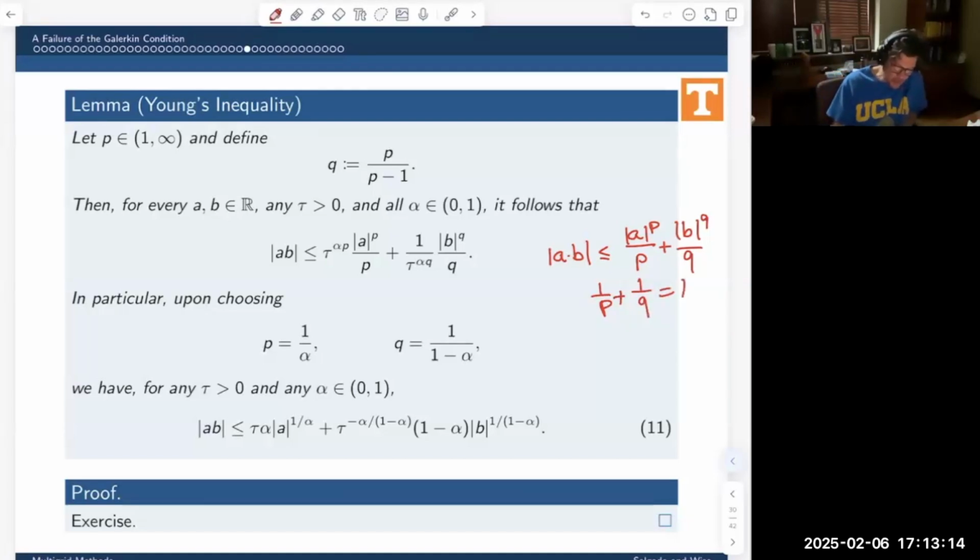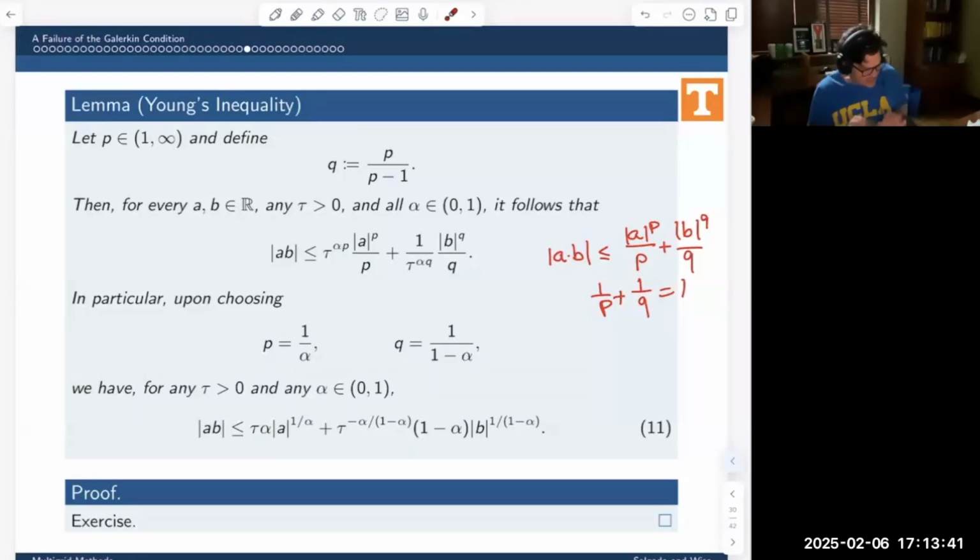So P and Q are called conjugate variables. P has to be in the region 1 to infinity. And if that's the case, then Q is given by that. In other words, Q satisfies this equation. Now, this is the usual standard Young inequality.